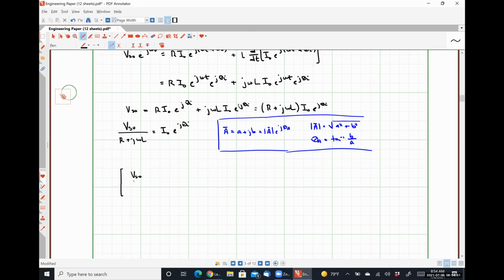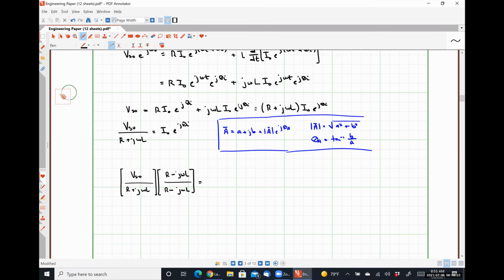Vs naught divided by R plus j omega L. How do I take the complex conjugate? Change the sign on the j term. Absolutely right. So that'll be R minus j omega L, and then R minus j omega L goes here.